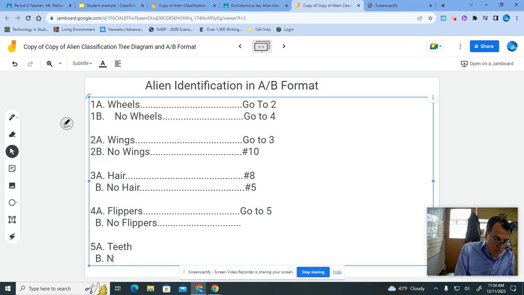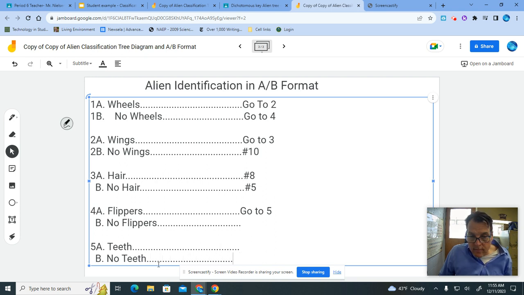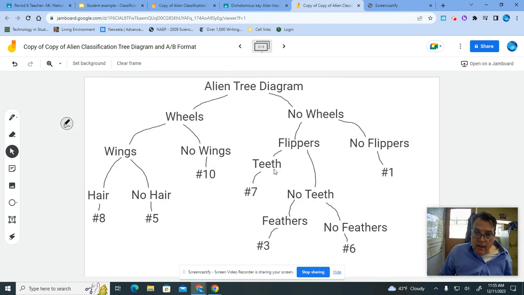Teeth, no teeth. Okay. And teeth is number 7, and no teeth, we're going to go to 6 for feathers, no feathers.